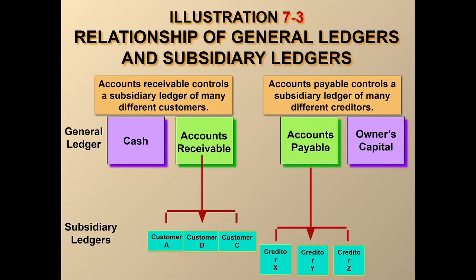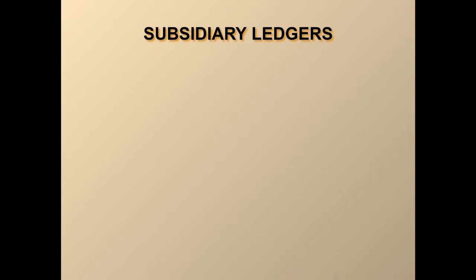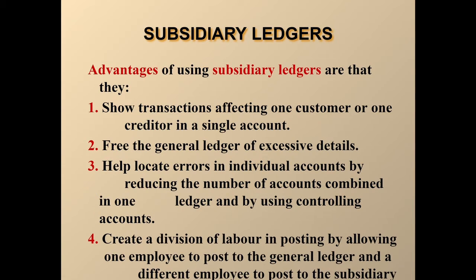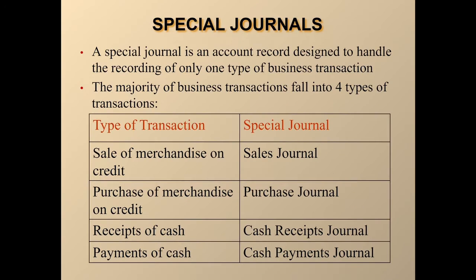So you use subsidiary ledgers. Why do they do it? Really, just to get stuff out of the ledger. Then you can put it all in one spot and look at the big picture and find errors and patterns in one spot.